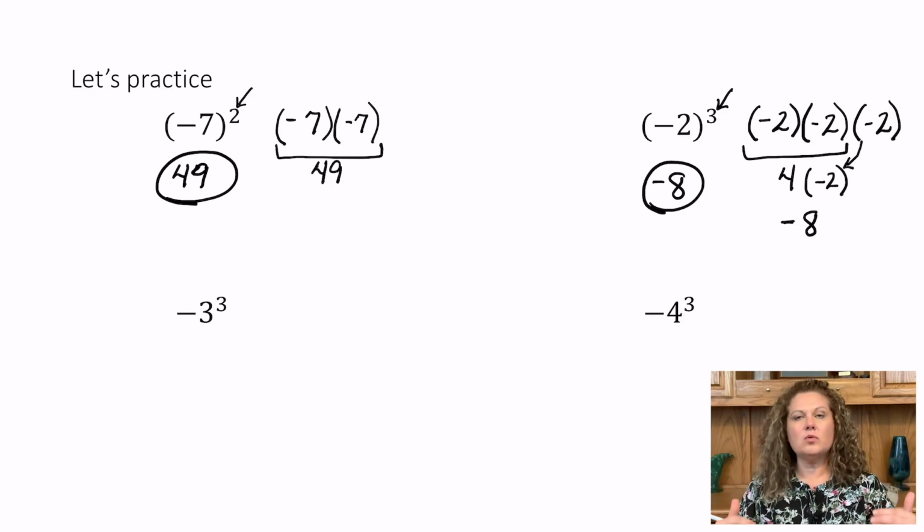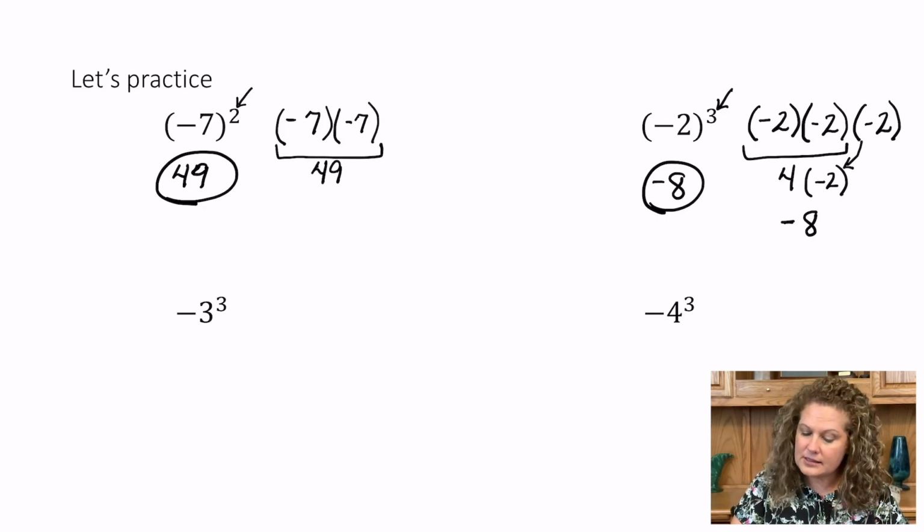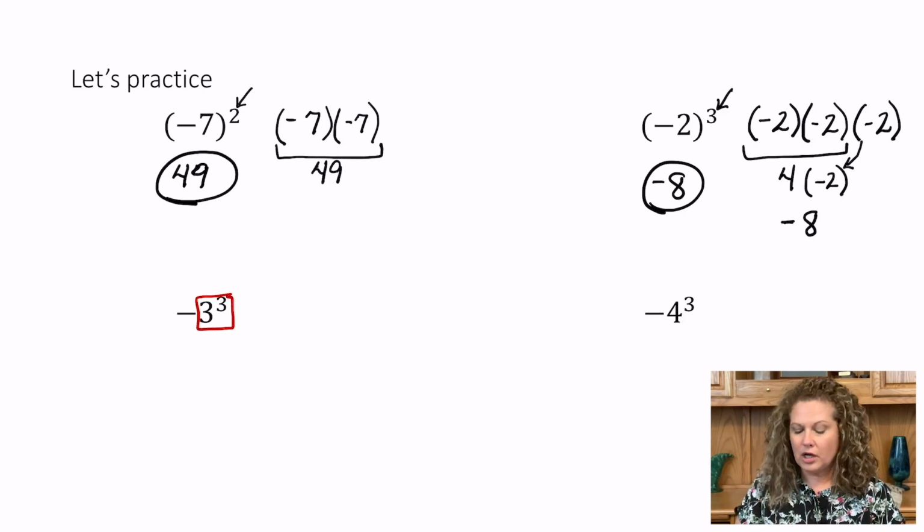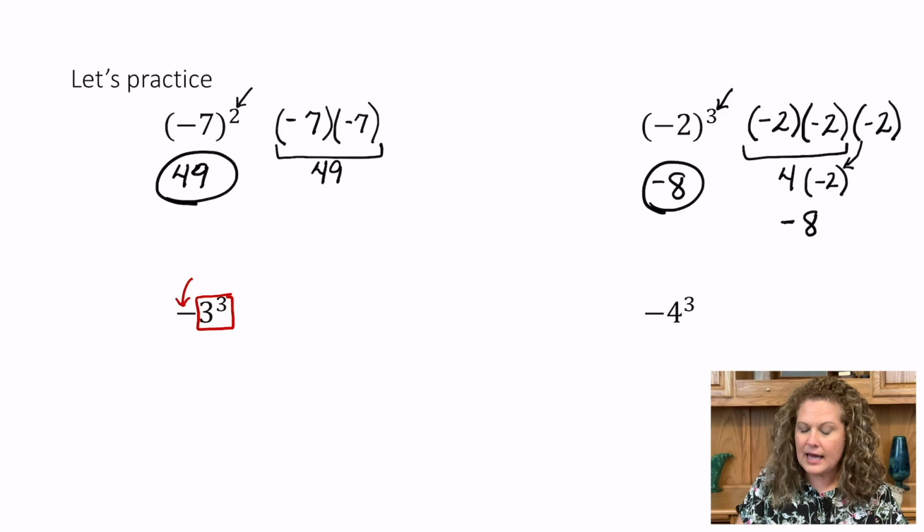Now, the bottom two are a little tricky, and I always see students not paying attention to the fact that they don't have parentheses. So notice my power here is actually 3 to the third. Once I have that answer, that product, I'm going to make it the opposite or add a negative to it.